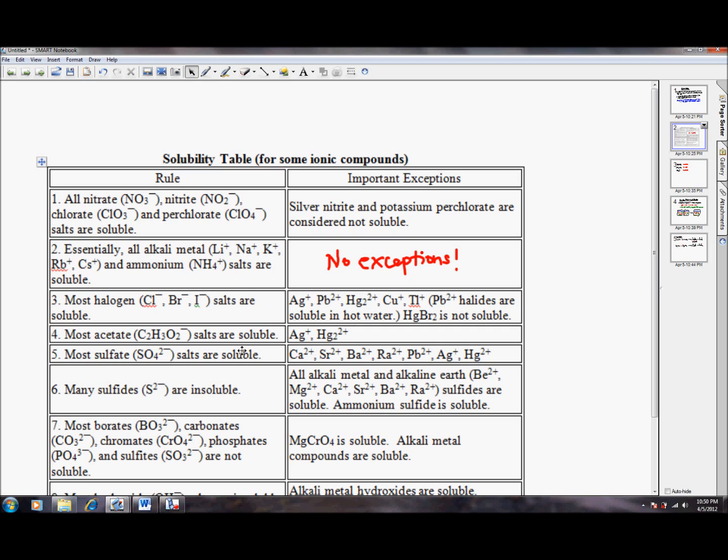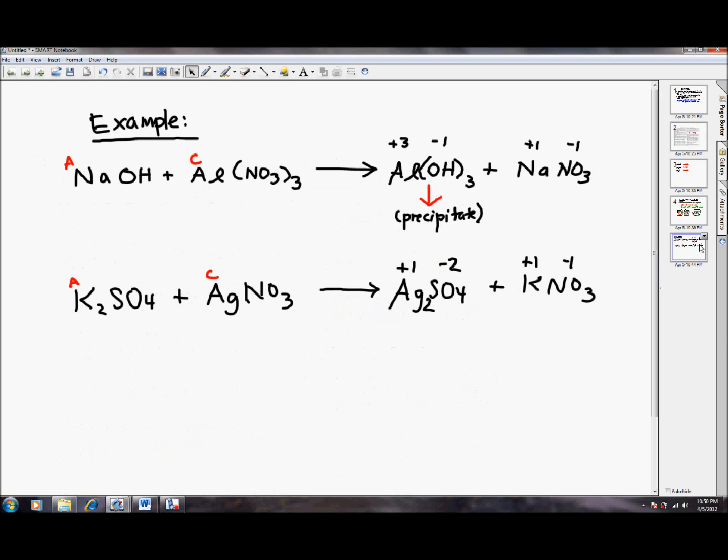They do not dissolve. So that means that I have identified that silver sulfate is the precipitate. So I just put a downward pointing arrow. So that's how you do double displacement reactions.